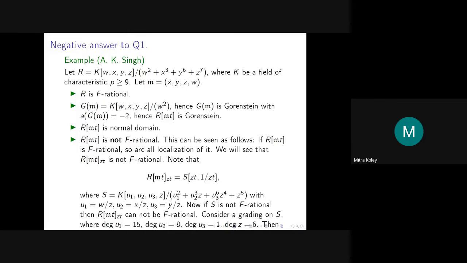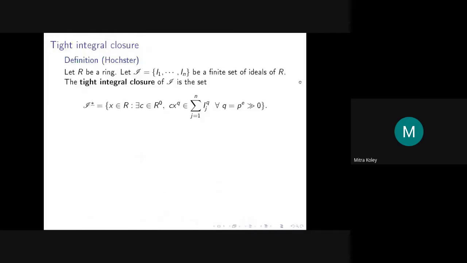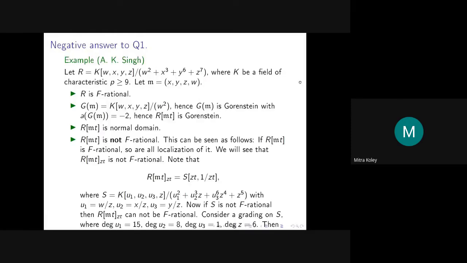So R[Mt]_{Zt} is S[Zt, 1/Zt], where S is K[U1, U2, U3, Z] by the ideal generated by the element U1 squared, U2 cubed, Z U3 cubed, 6 Z^4 plus Z^5. So S is actually the homogeneous localization of R[Mt], like bracket Zt, where U1 is W by Z, U2 is X by Z, U3 is Y by Z.